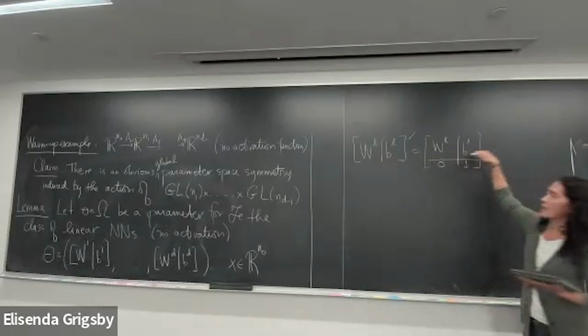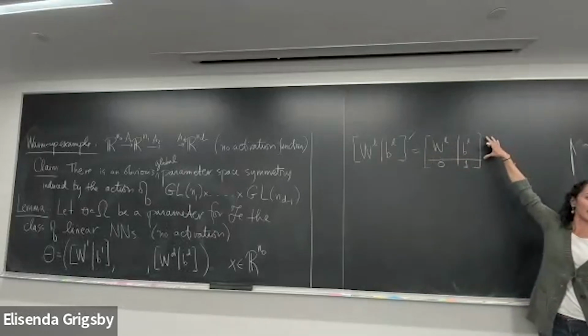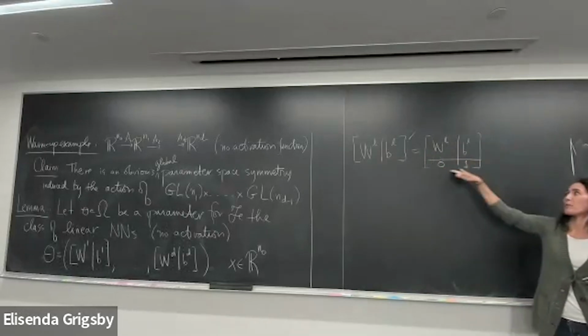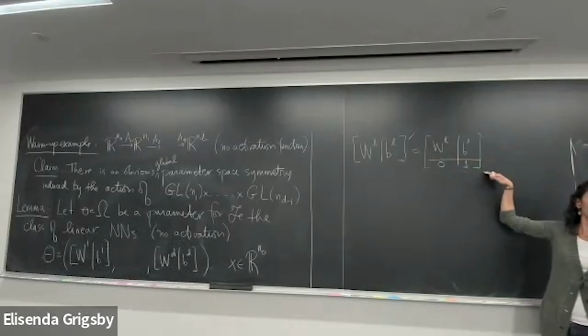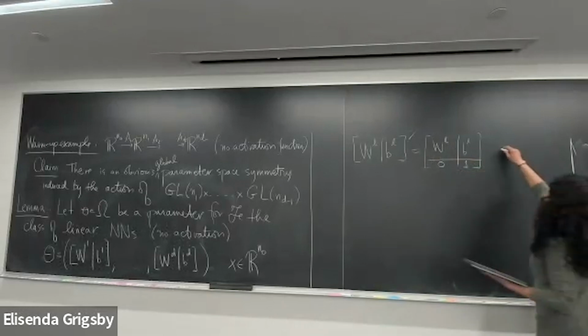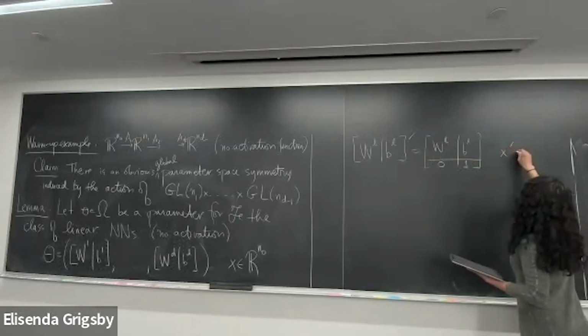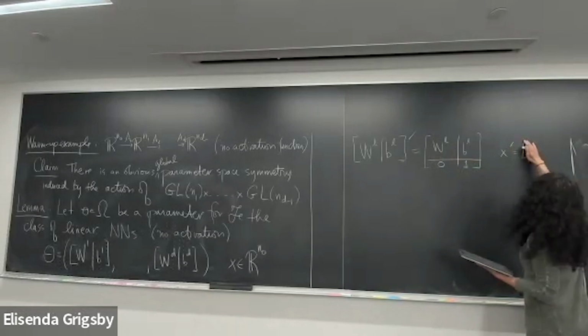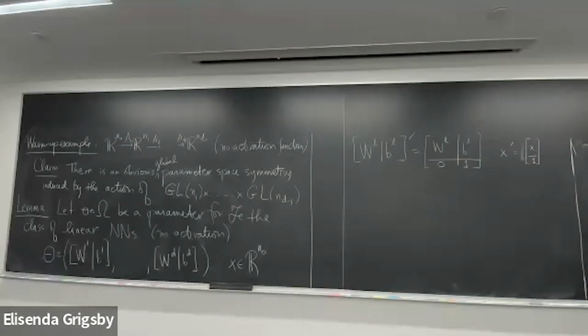So here I'm just stacking my matrix that has all the information in it on top of just this one hot vector. And let's let X prime be given by stacking X on top of 1. So you're sort of doing this projected embedding.